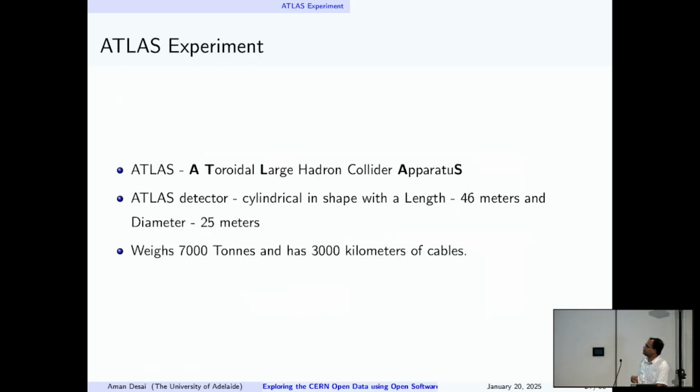The ATLAS experiment is a toroidal Large Hadron Collider apparatus. It's cylindrical in shape with a length of 46 meters and a diameter of 25 meters. It weighs 7,000 tons and has 3,000 kilometers of cables. By size, you can imagine this is a 5-story building with devices and cables running from one place to the other.